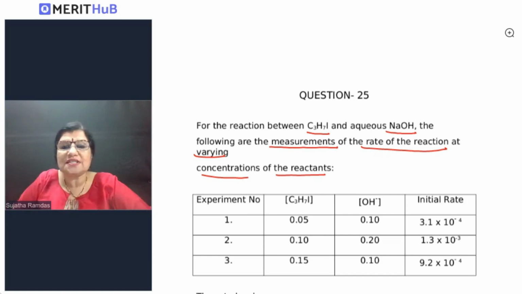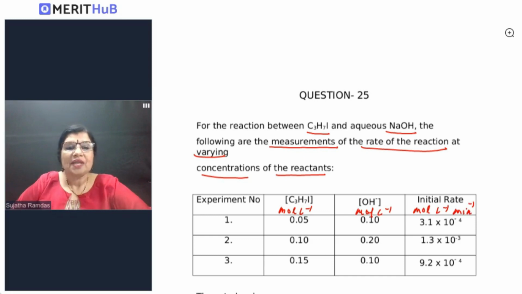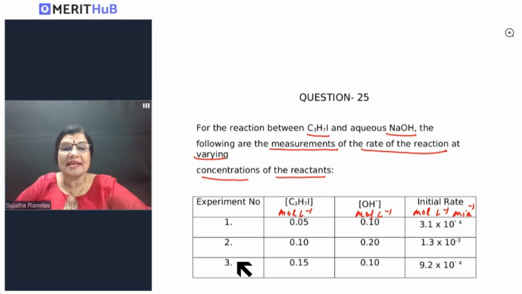Now the units of concentrations are moles per liter, and the unit for the rate would be concentration by time, so moles per liter per minute. Similarly, in experiment 2, these are the concentrations and this is the rate. And in experiment 3, these are the concentrations and this is the rate.